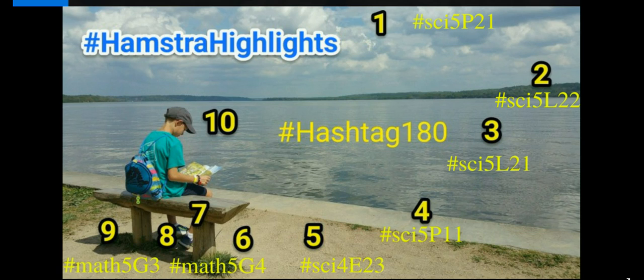And now I can see very specifically the 5th grade science objectives hashtagged for numbers 1 through 5. Numbers 6 through 10 are hashtagged according to Common Core Math for 5th grade geometry.